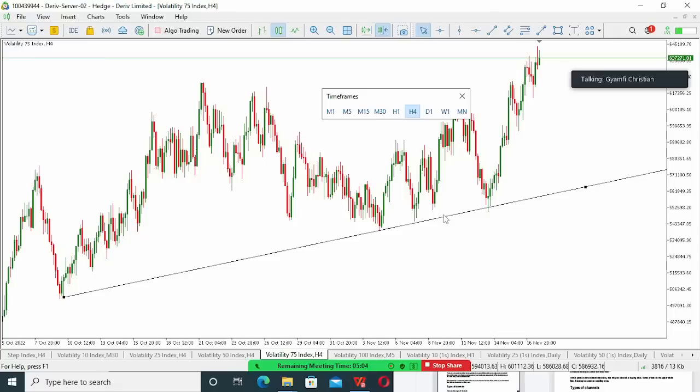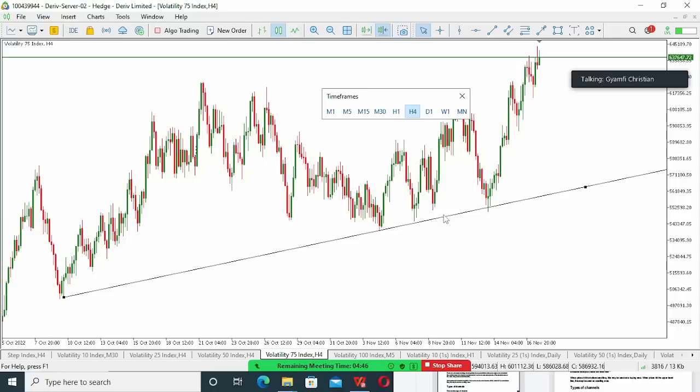So for you not to confuse yourself, for you to get the accurate line, you need to ignore the wicks and consider the closes and then the opens.